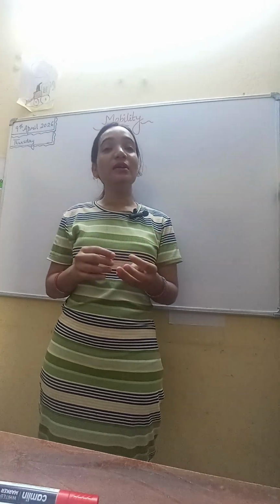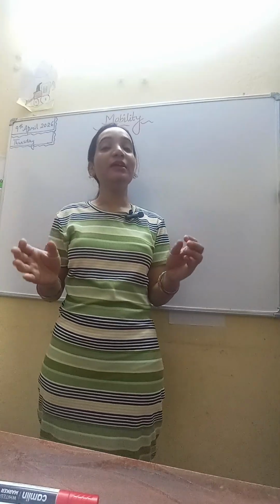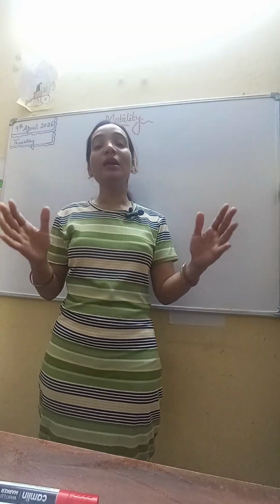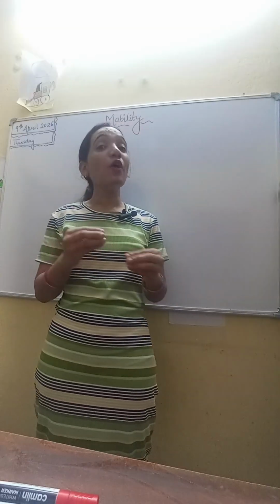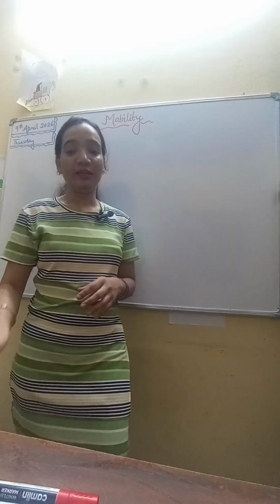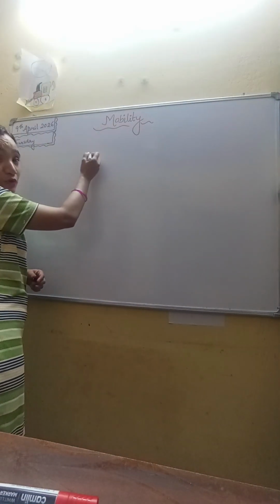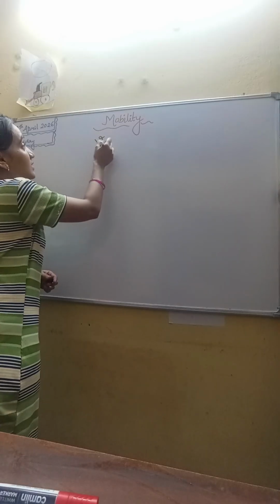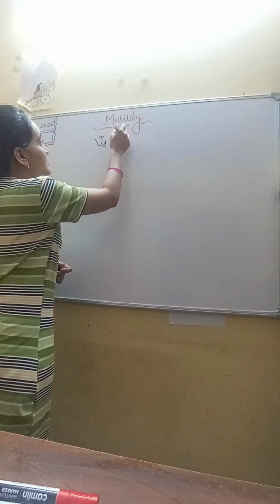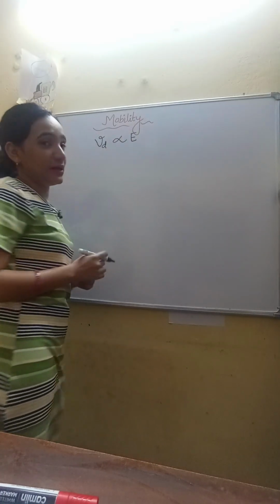Now if I say we are taking one conductor and we are applying an electric field, how fast the charge carrier is flowing, that is the mobility. We can say the drift velocity of the charge carrier is directly proportional to the electric field applied.